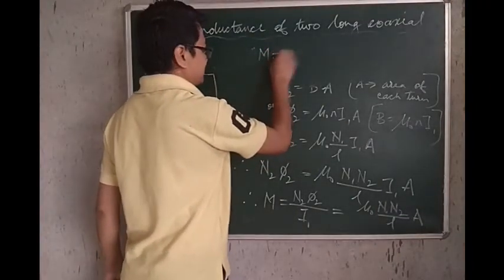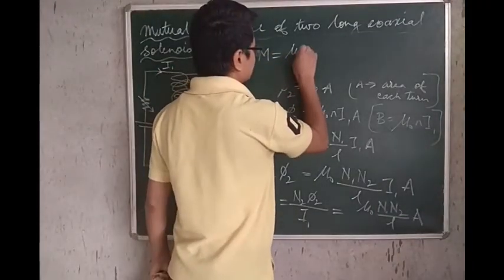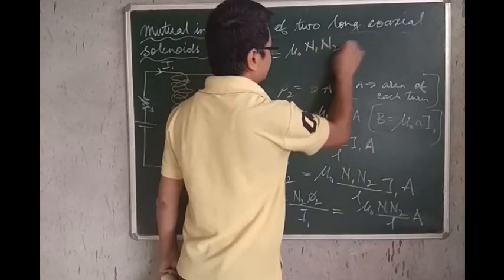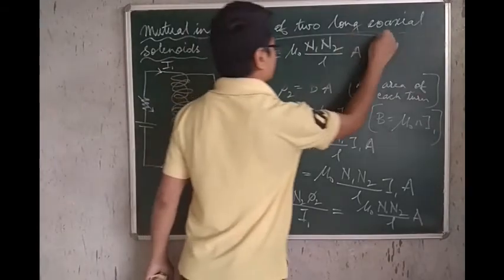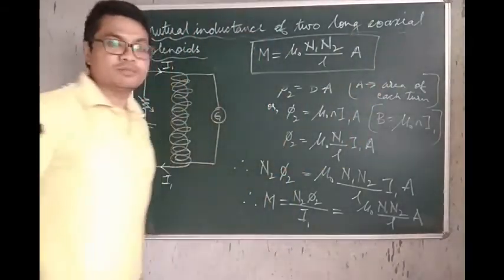So mutual inductance, let me rewrite it over here, is mu naught N1 N2 by L into A. So this is the final expression for mutual inductance.